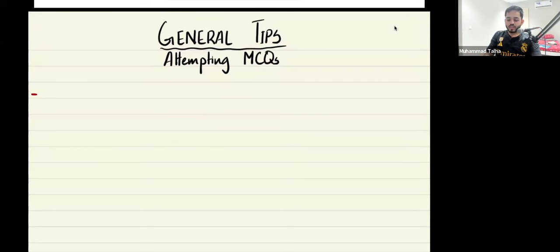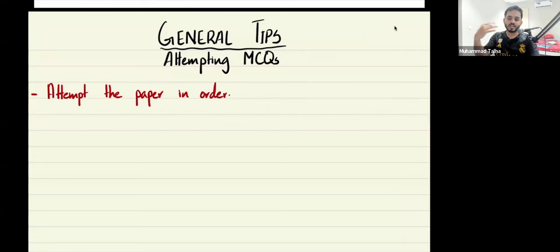For MCQs, I feel like it makes the most sense to attempt the paper in order, exactly the order in which it is given, because it naturally takes you through the paper from an easier topic and then to a more difficult one, and then it builds up.